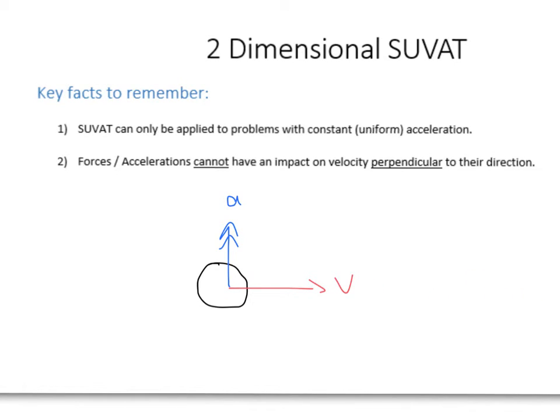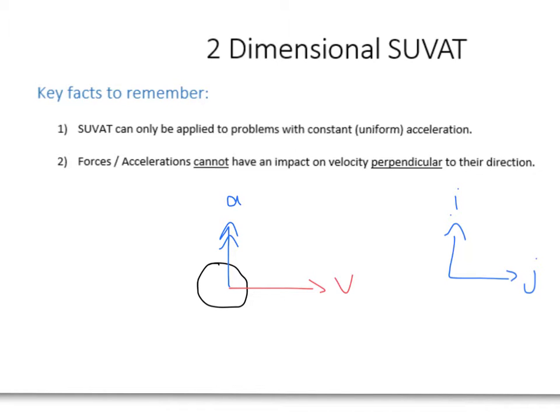So if we say that's our j direction and that's our i direction, the component of v in the j direction will not change because of this acceleration, because it's perpendicular. But the component in the i direction will increase from initially 0 to a higher and higher value as time goes on. And that's an important property I'm going to be using towards the end of the video when I look at problems with directions. Okay, so those are 2 key things you need to remember.